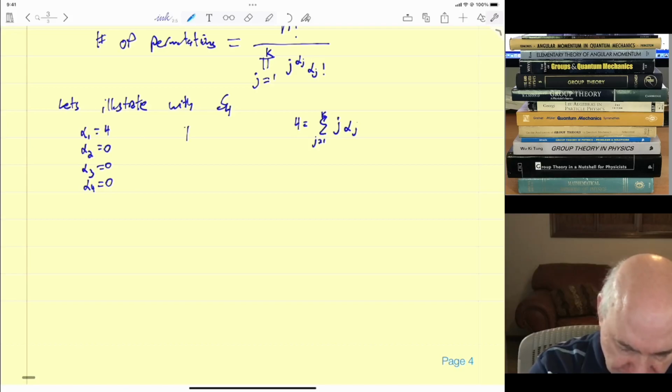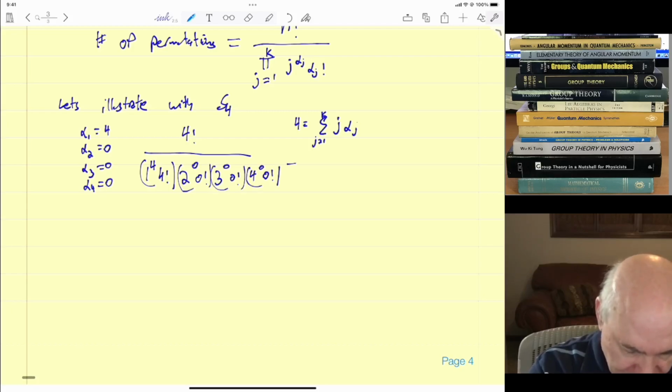And the formula gives, when you work through it, 1 to the 4, 4 factorial, times 2 to the 0, 0 factorial, 3 to the 0, 0 factorial, 4 to the 0, 0 factorial, and this is 1. There's only one permutation with 4 1 cycles. That's the identity permutation.